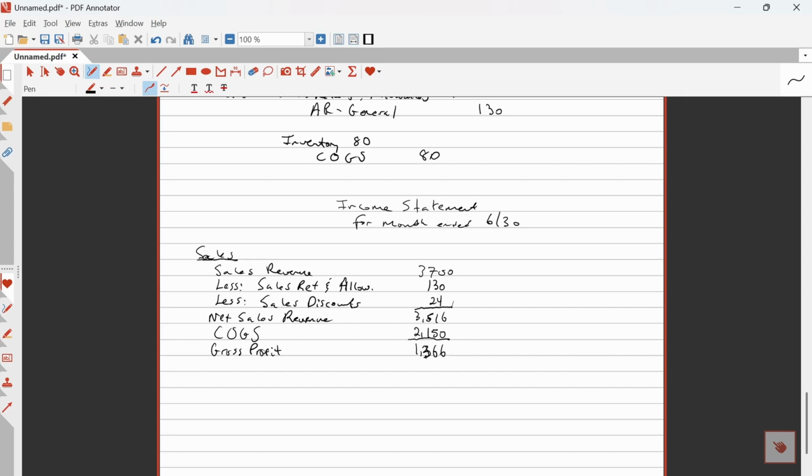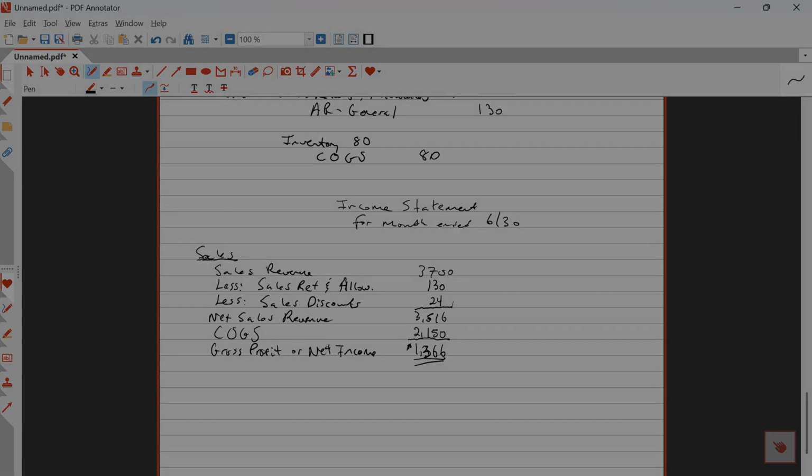But there's a little income statement. The gross profit is the net income in this problem. There are no other expenses other than COGS. And there's no other revenues other than sales revenue. All right. That finishes those two things. I think that helps you with a lot of concepts in Chapter 5.